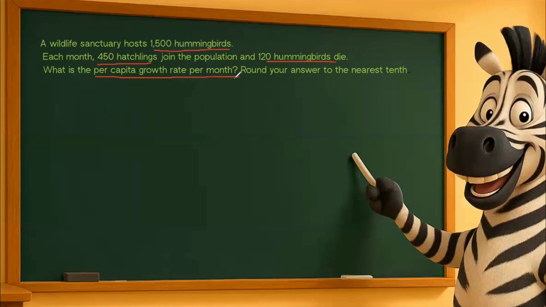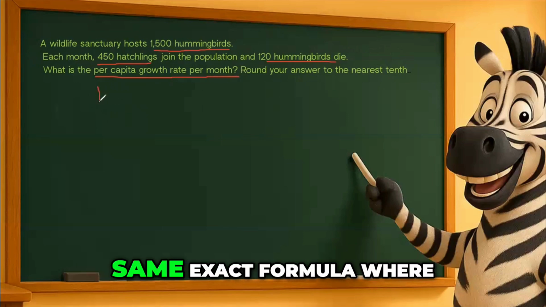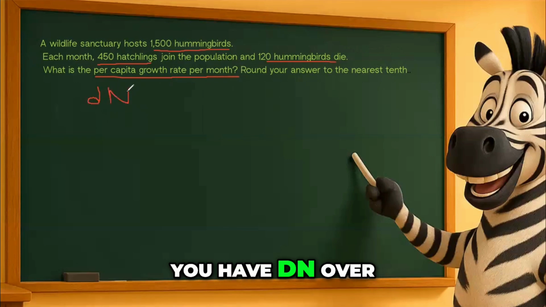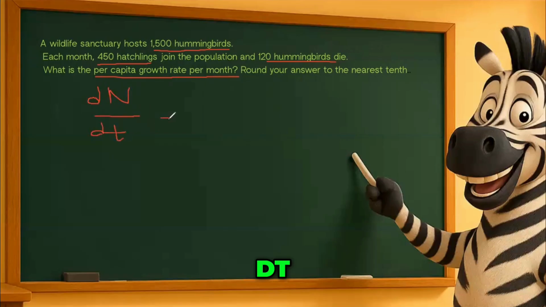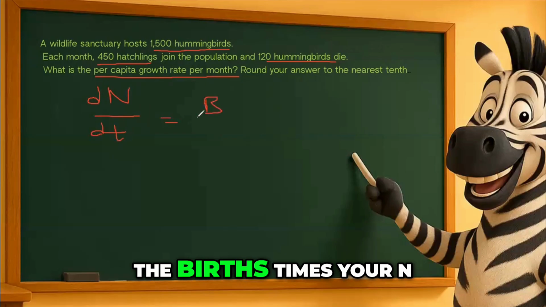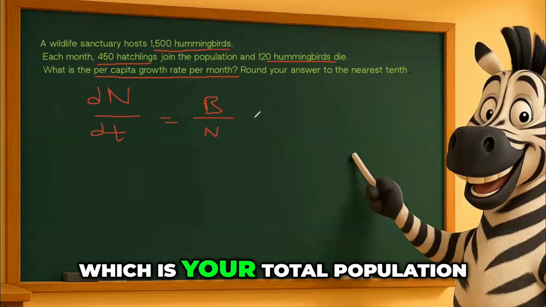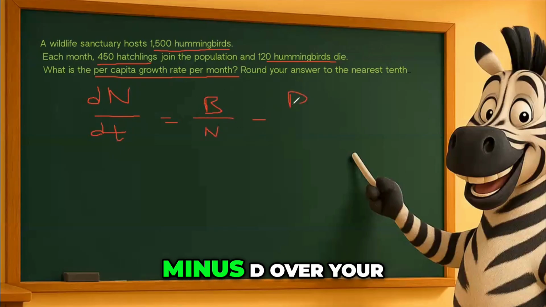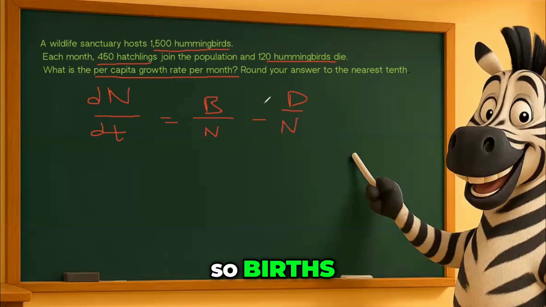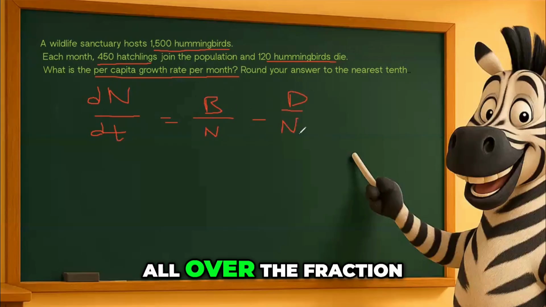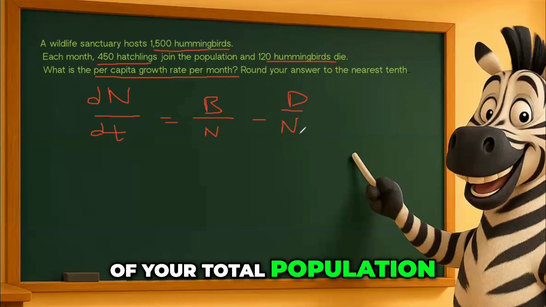So you're going to take a look at the same exact formula where you have dN over dt, and you're looking at the births over your N, which is your total population, minus the deaths over your total population.